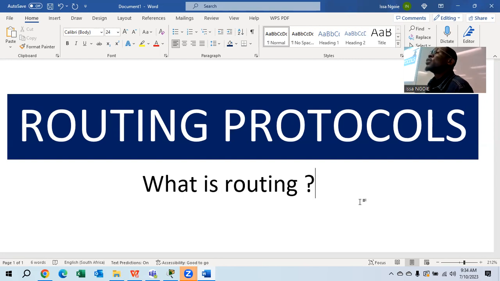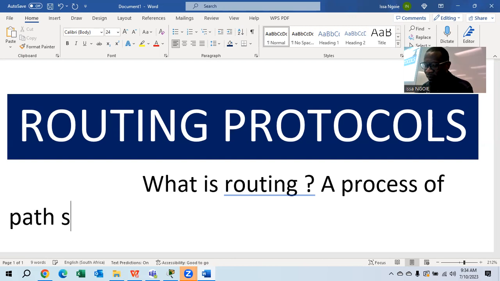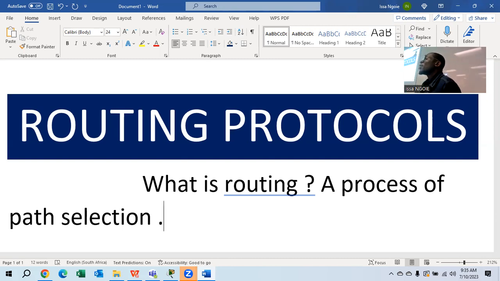What is routing, like according to you? Routing. There is a word router, you can see. So this is a process, a process of path selection, right? So when we are talking about routing, you have to see a process.